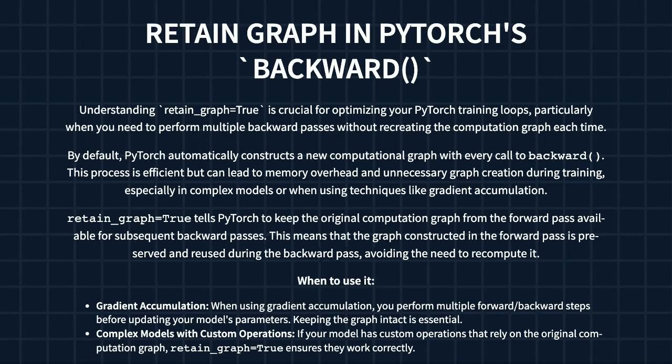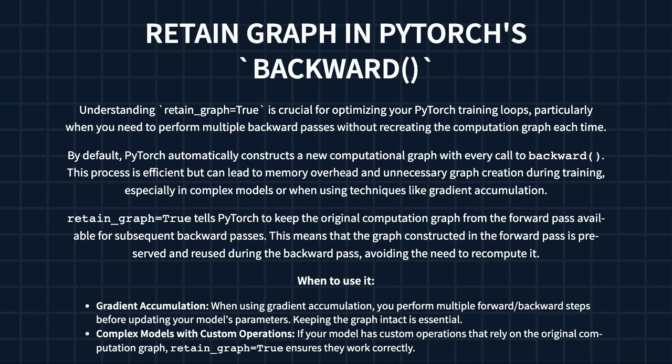Okay, let's talk about a really important detail when you're working with Pytorch and training your models: retain graph equals true. Think of it like this: every time you call backward, Pytorch builds a brand new graph to calculate those gradients. That's fine for simple setups, but if you're doing things like gradient accumulation, where you build up your updates over multiple batches, or using really complex models with custom operations, that constant building can get expensive in terms of memory and time.